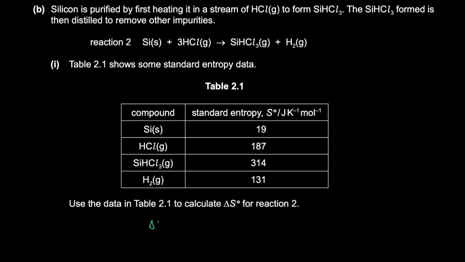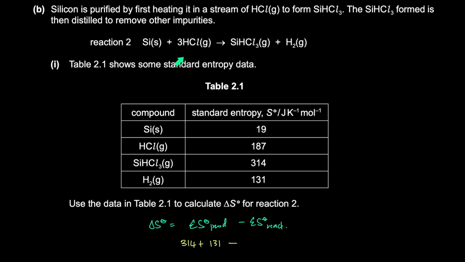So, what is the standard entropy change for a reaction? It is simply the standard entropies of the products minus the standard entropies of the reactants. Now, if you look at the products here, we have SiHCl3 and hydrogen gas. So for the standard entropies, we have 1 mole of each, right? SiHCl3 has a standard entropy of 314. Hydrogen gas has a standard entropy of 131. And then we minus the standard entropies of the reactants.